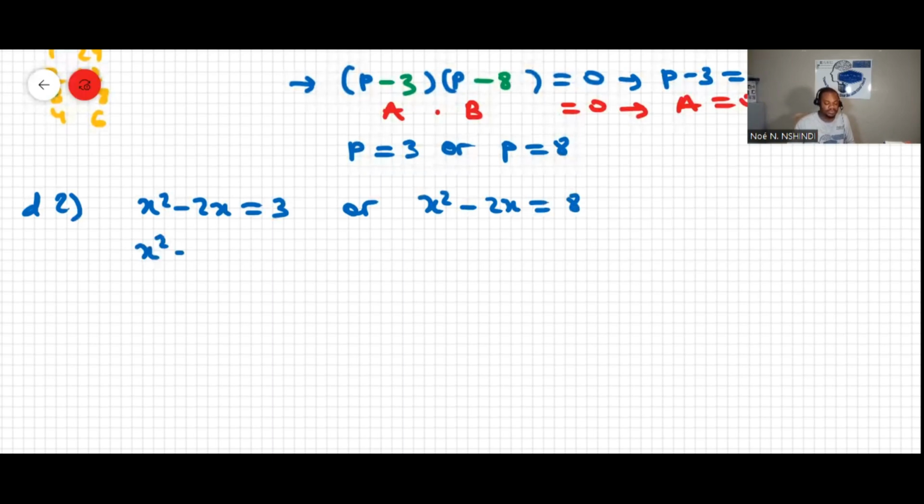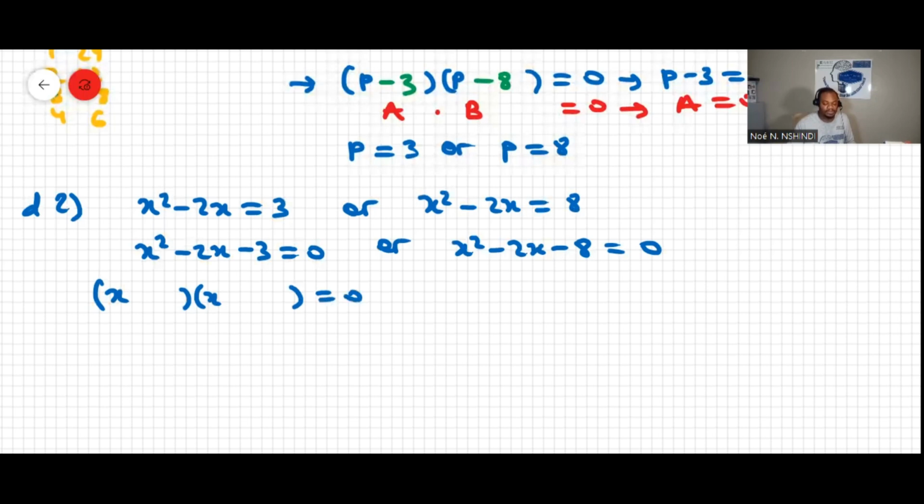That makes x squared minus 2x minus 3 is 0, or x squared minus 2x minus 8 is 0. We can factorize these because we have quadratic trinomials and the leading coefficient is just 1.